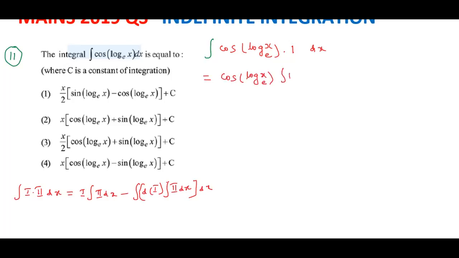Second function: integration 1 dx, minus the integration of the derivative of cos of logarithm, the derivative of cos is minus sine of log x to the base e, and the internal derivative of log x, that is 1 by x, into the integration of 1 dx, whole dx.